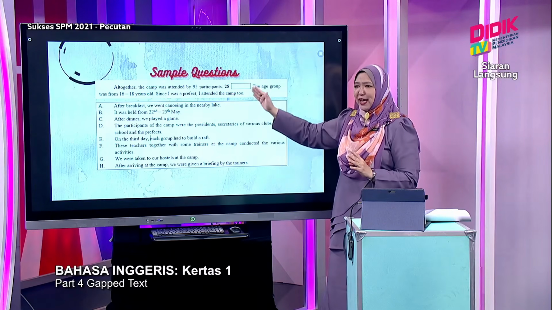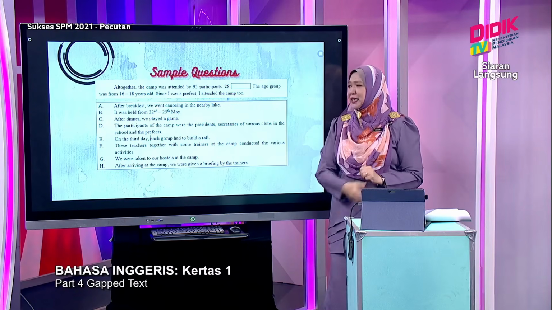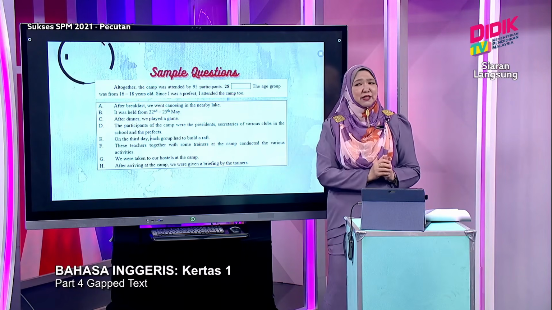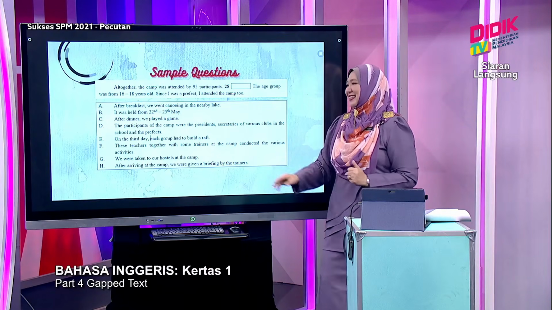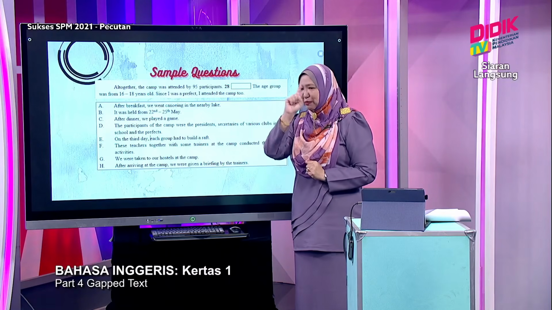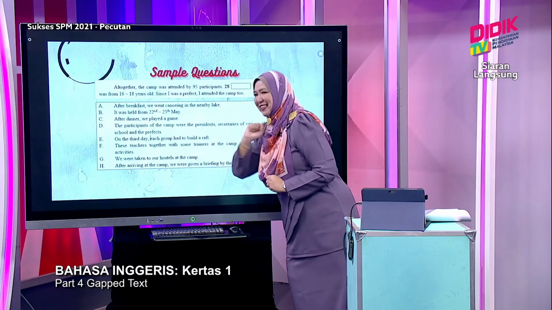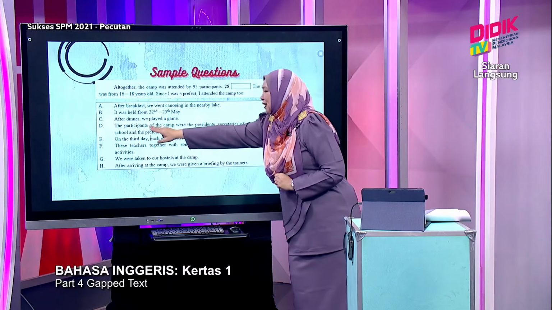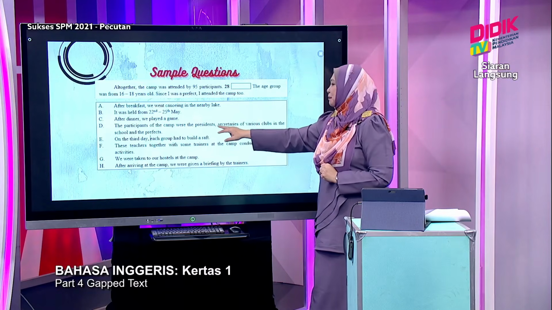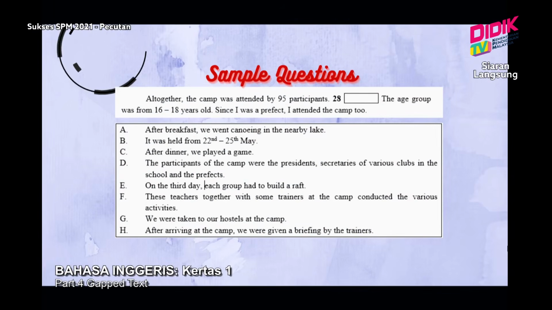Do you have any participant in the options of the answer? It will be D. That's right. "The participants of the camp were the presidents, secretaries of various clubs in the schools and the prefects." So that is the answer.